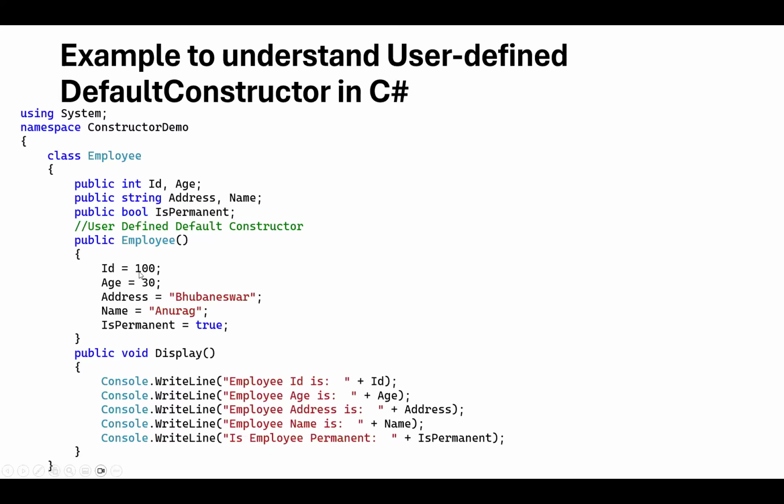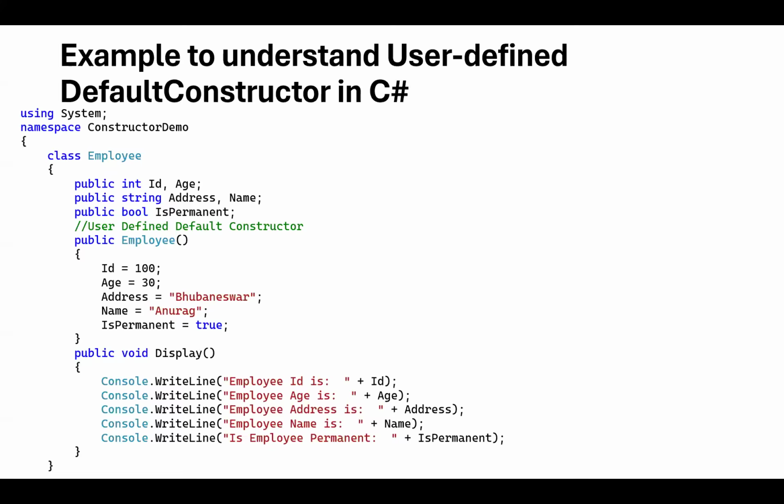But you decide to set your own default values for each property. Okay, you can do it. And when you create this object, you will get... Let's check.